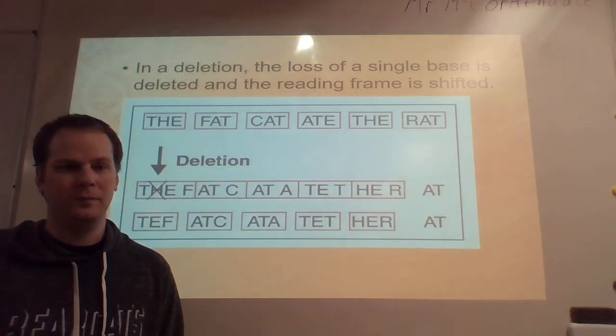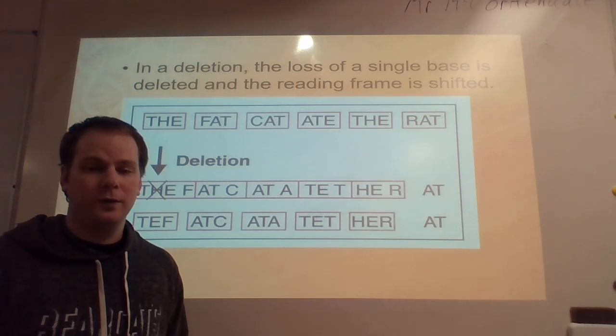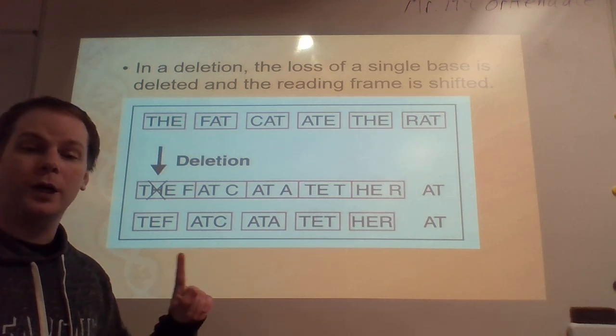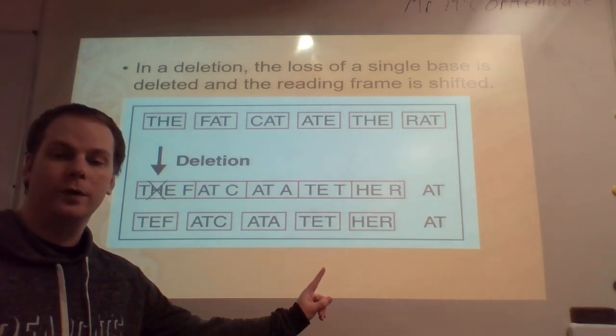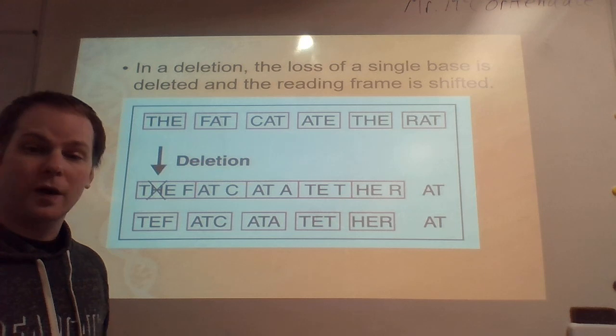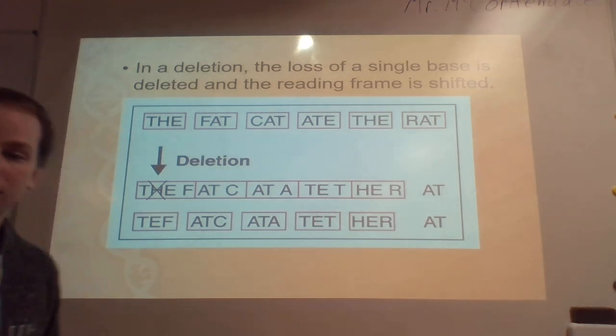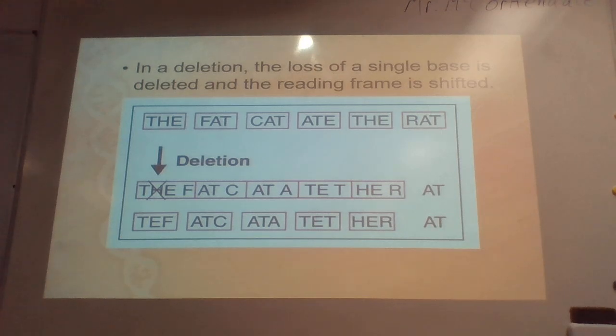Huh? That doesn't make any sense. Okay? Because that letter is missing, each codon is now a different sequence. And so it messes up the whole sentence. So the protein won't make any sense. It doesn't function the way it's supposed to.